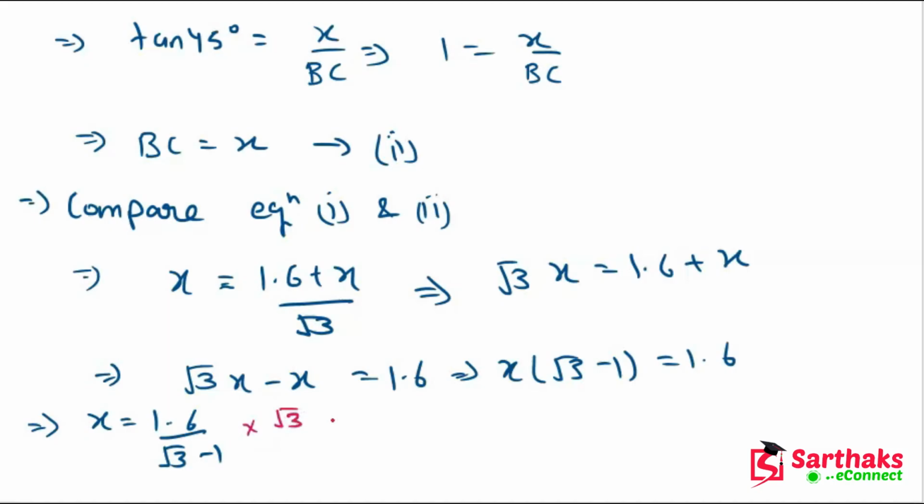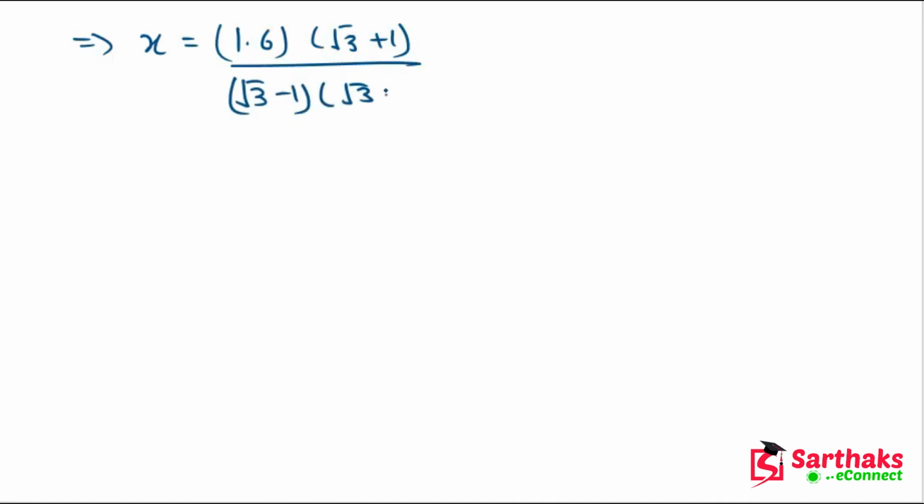So we multiply numerator and denominator by root 3 plus 1. So we have x equals 1.6 into root 3 plus 1 divided by root 3 minus 1 multiplied by root 3 plus 1.